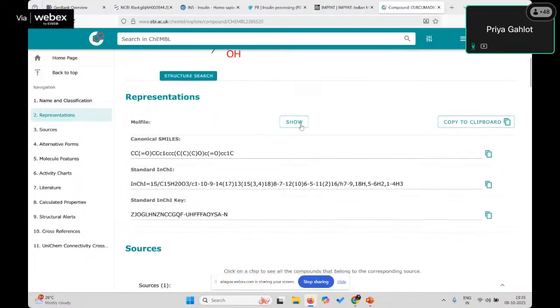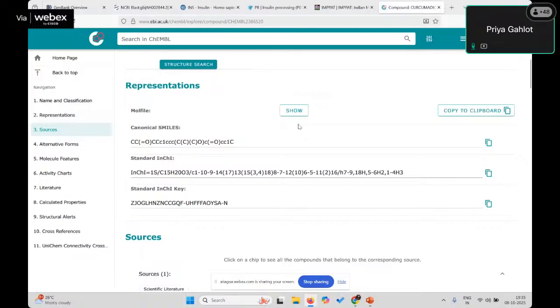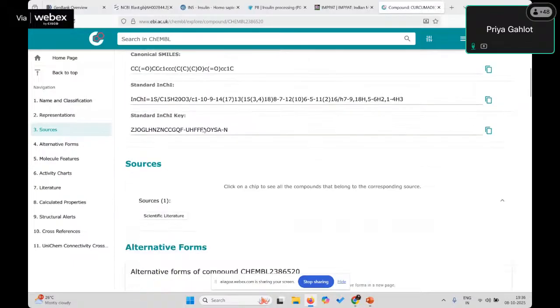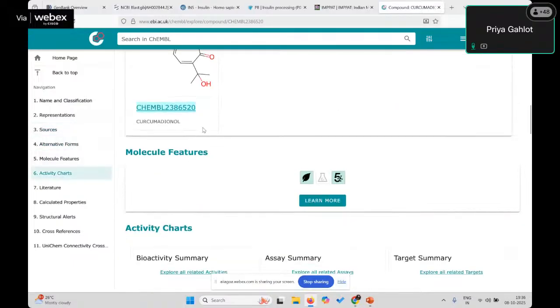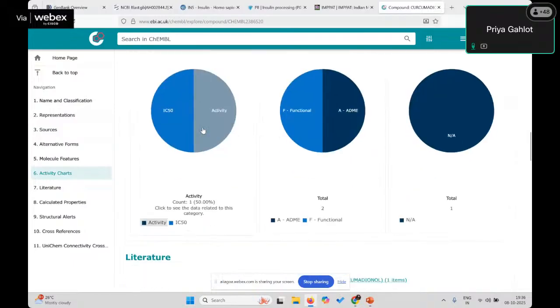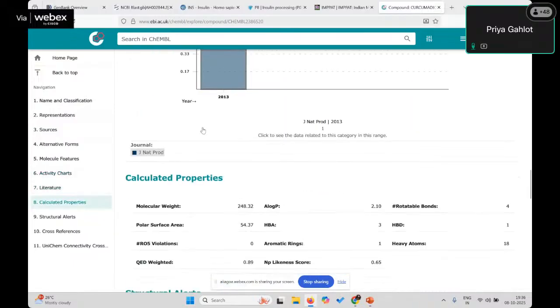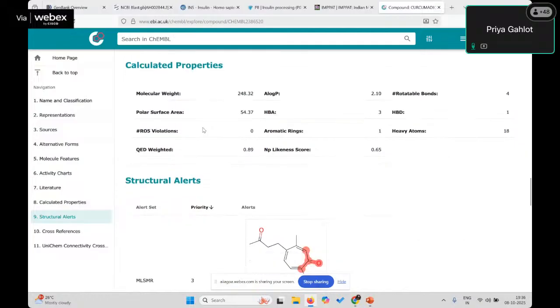This is the structure. These are the canonical SMILES, which you can use for your other studies, like molecular docking studies, network pharmacology studies, virtual screening, and QSAR studies. You need canonical SMILES or InChI keys, so you can get that detail from here. You can also find other details about this particular bioactive compound.